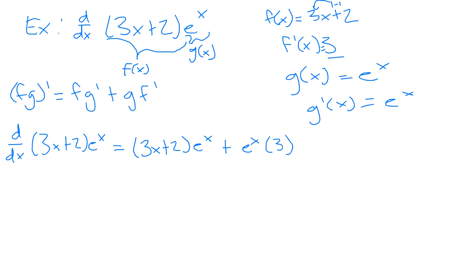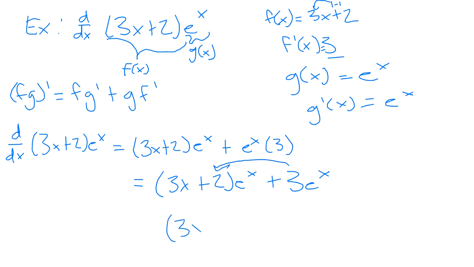So now we can clean this up a little bit and say that we have (3x plus 2) e to the x plus 3 e to the x. And if we really wanted to, we could go one step further and combine these to say that we have (3x plus 5) e to the x as our final answer.